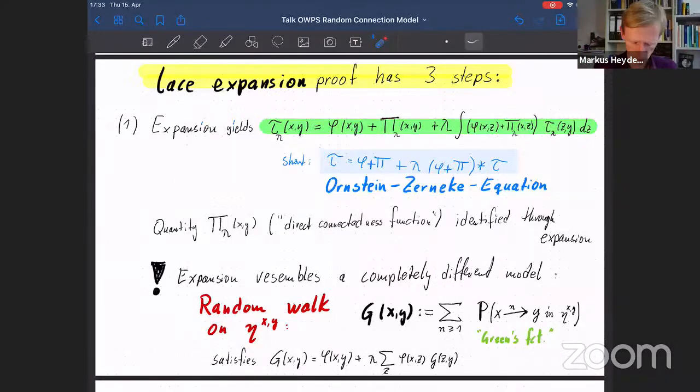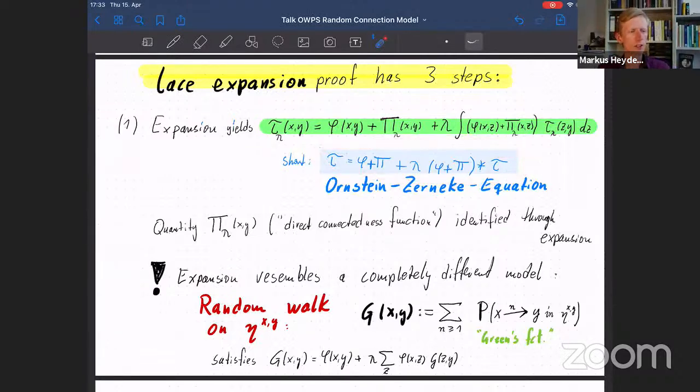Or there's a quantity called pi, and then there's a convolution of the function phi, which is a 1-step thing, plus this mysterious pi with the function tau. Somehow it is phi plus pi, and then there's a function tau, and you can really interpret that convolution spatially. You go to an intermediate point z, and then from z to the destination y. So in short, this is this function.